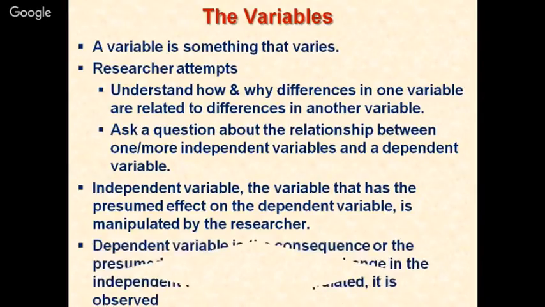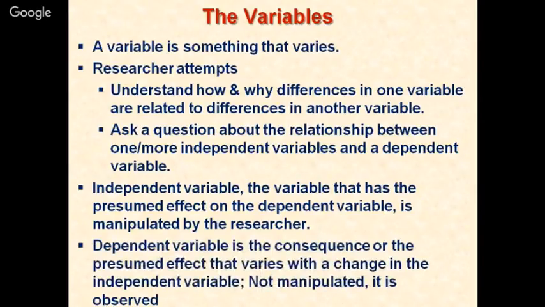Second one is the dependent variable, the consequence or the presumed effect that varies with the change in the independent variable. Naturally, students would get different marks when they are exposed to different strategies. So it is not manipulated. It is simply observed, because the independent variable you have manipulated, that is the content you have identified.